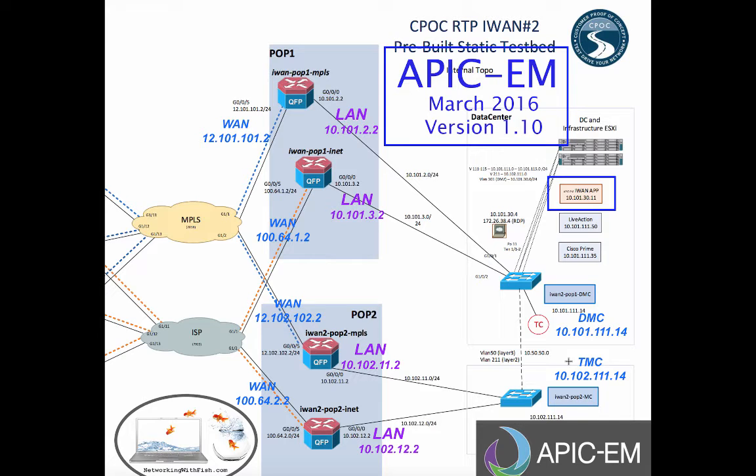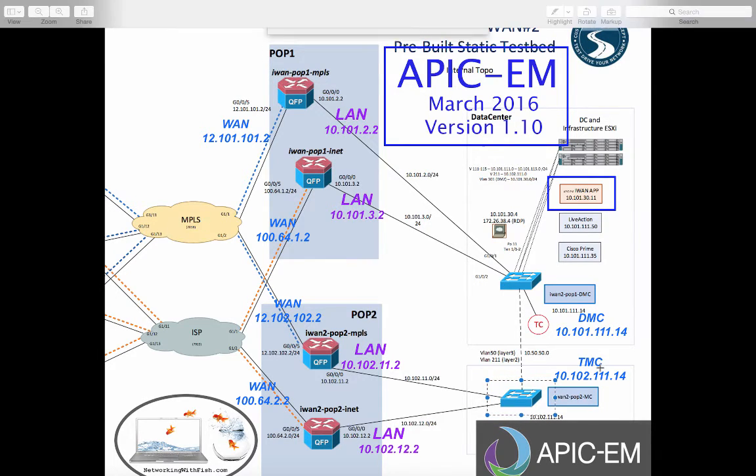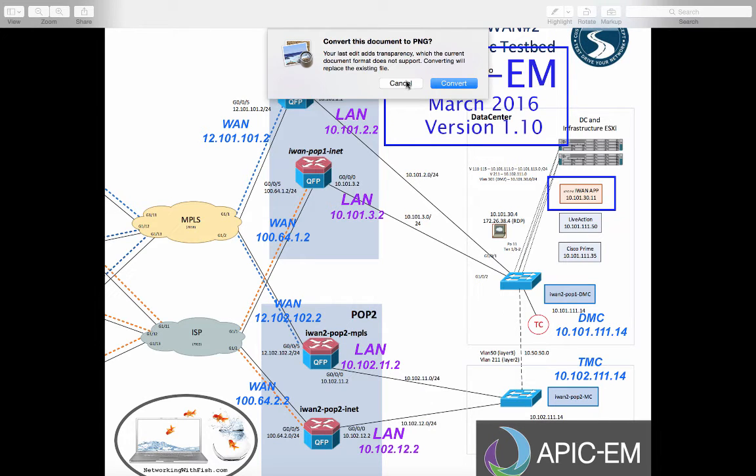The IWAN app can get back because the router right here, 10.102.111.1, is in an EIGRP neighbor relationship with Core 1 in POP 1. But that's not what's actually happening right now.